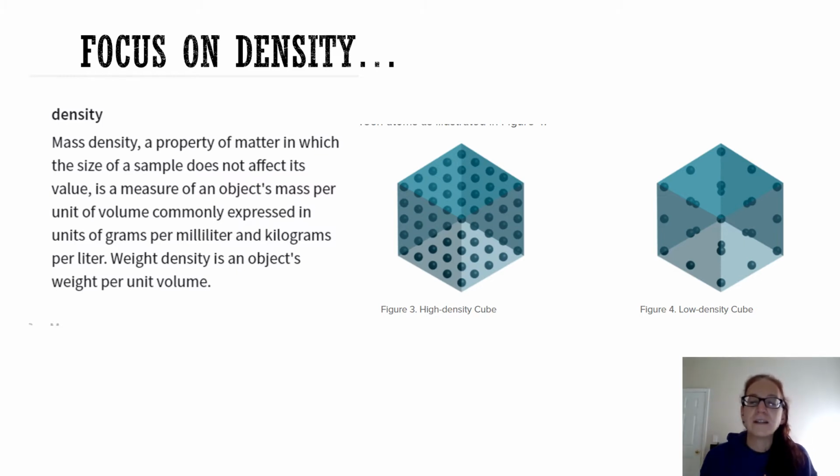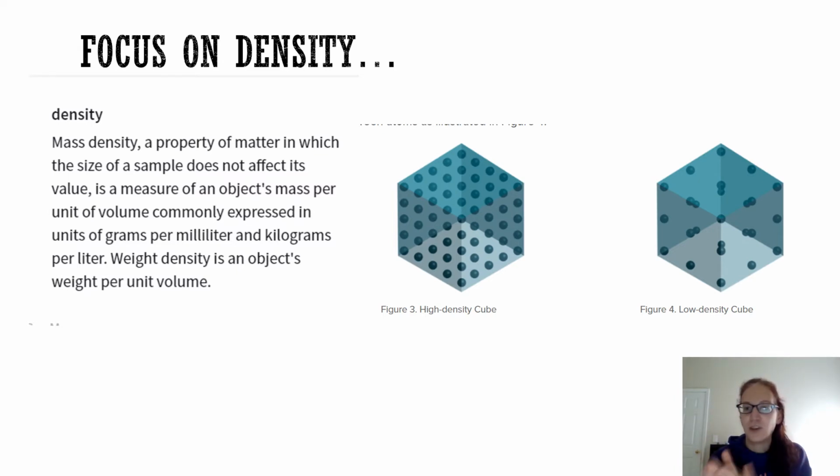And so they tried to depict that like a high density cube versus a low density cube. If you look at where they put those atoms in there, I guess that's what those are supposed to be, in a high density cube, the atoms would be packed really, really close together. And in a low density cube, there would be more space between them. Now you're not going to notice it.